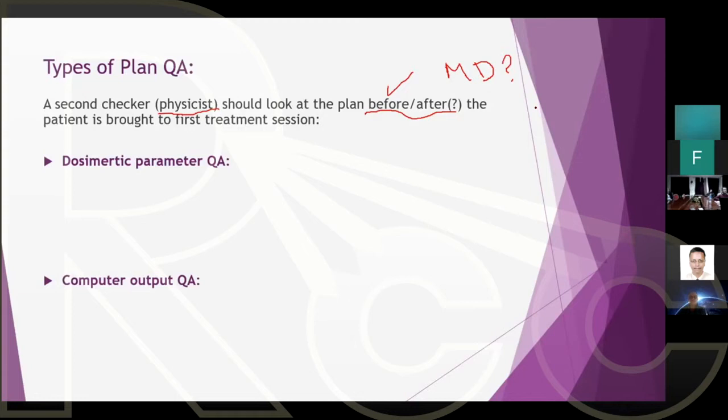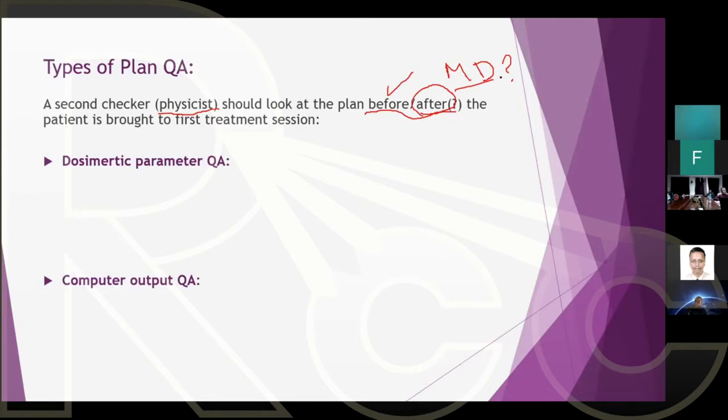I have also worked in hospitals where the second checker looks at the plan after the radiation oncologist approves it. And the rationale was, well, maybe the DVH is not appropriate. Why should I waste physics time second checking a plan? Maybe the isodose is not appropriate. If the radiation oncologist does not approve the plan, and the dosimetrist or planner has to do it again, then why are we wasting physics time?